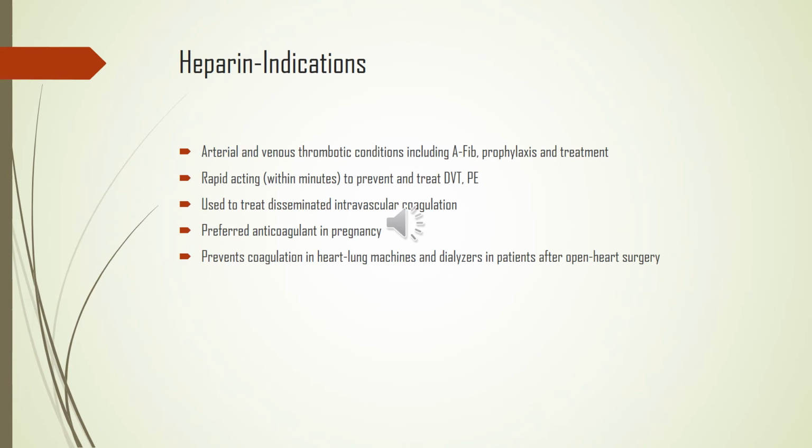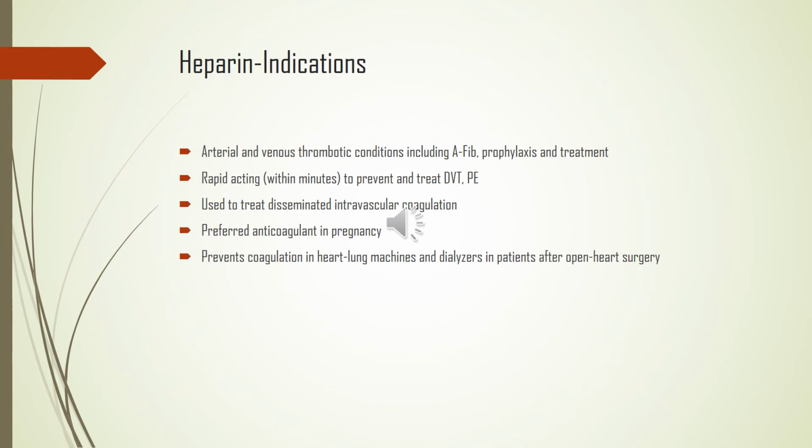Okay, heparin indications. Arterial and venous thrombotic conditions including AFib, prophylaxis, and treatment. Rapid acting within minutes to prevent and treat DVTs and PEs. Used to treat disseminated intravascular coagulation. Preferred anticoagulant in pregnancy, we talked about that. And prevents coagulation in heart-lung machines and dialyzers in patients after open heart surgery.